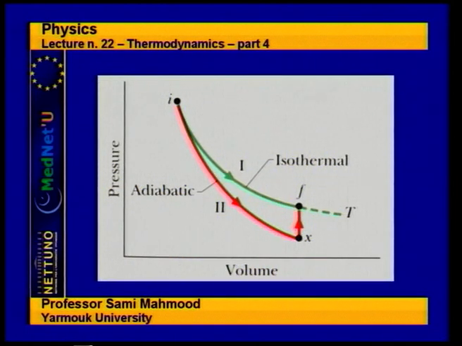This curve shows two types of processes by which the system is taken from an initial state I to a final state F. The first, upper process is an isothermal process where the state of the system changes from I to F at constant temperature T, as indicated by the curve. This is an isothermal process.